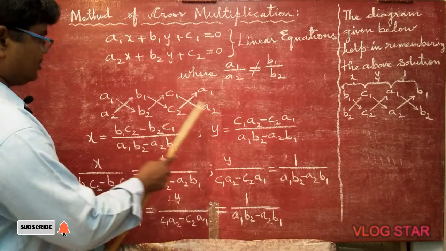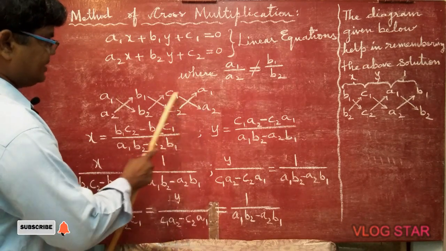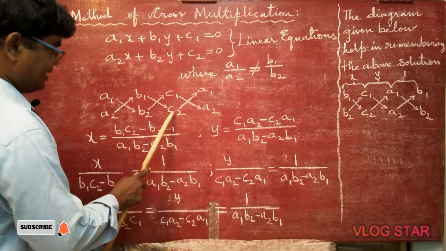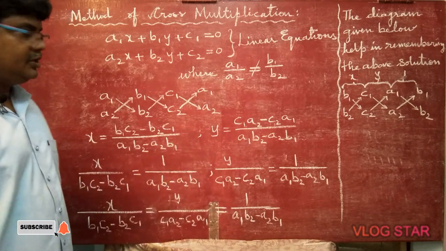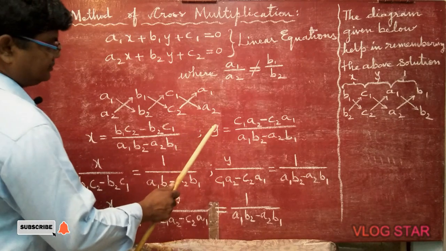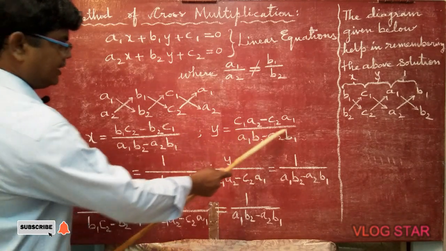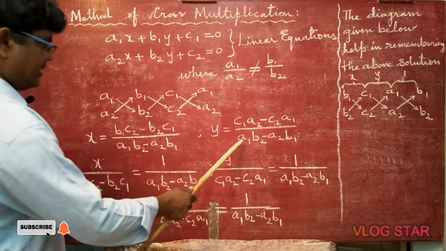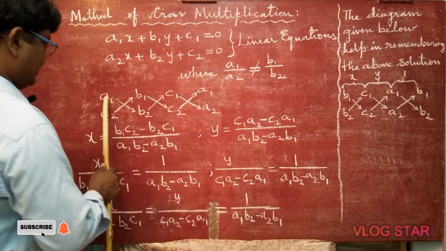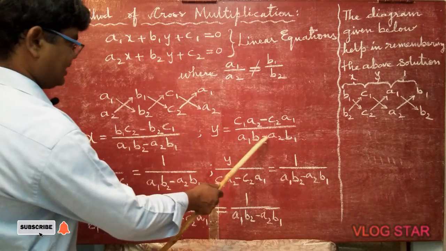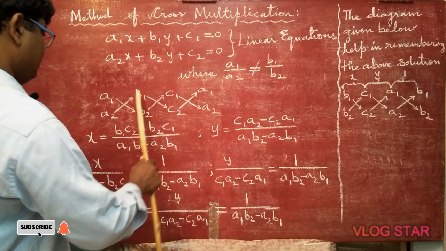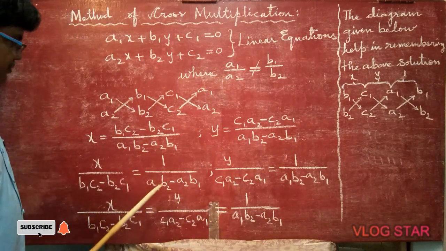If you come this side also, no problem. That's why we wrote it again, repeated. c1 a2 minus c2 a1. Now the denominator as it is, a1 b2 minus a2 b1.